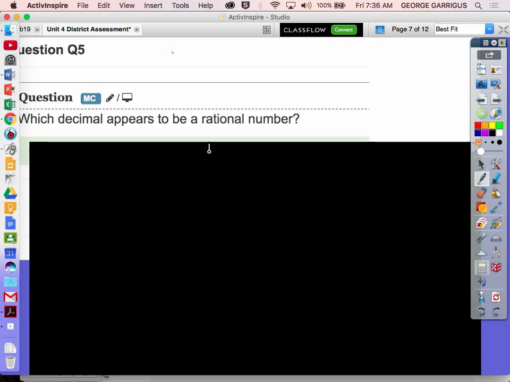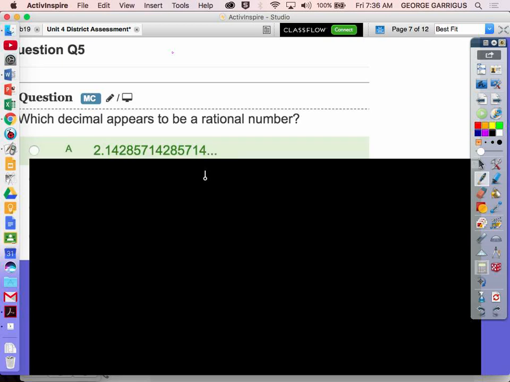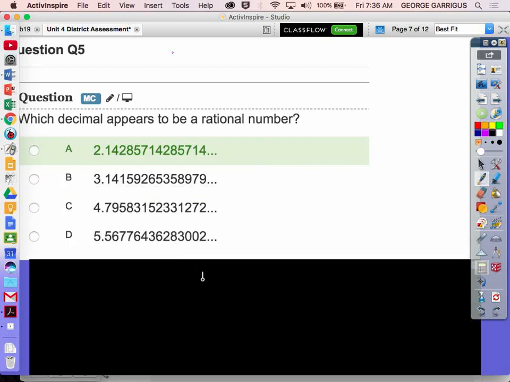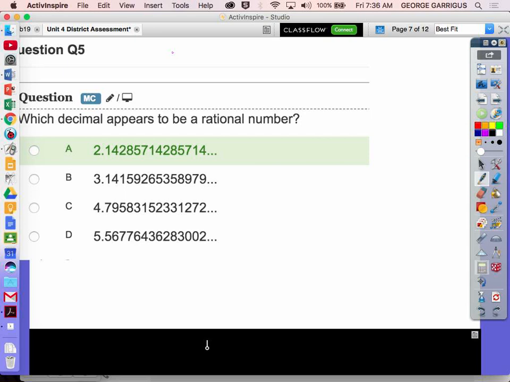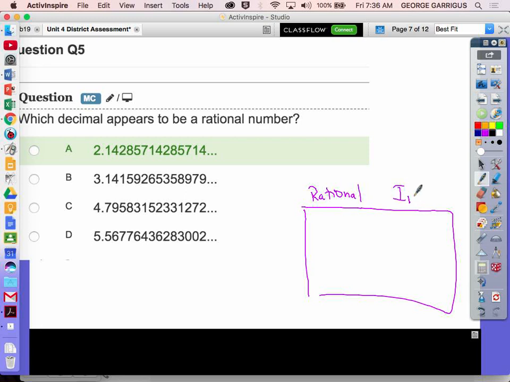Question 5. Which decimal appears to be a rational number? Okay, so on this, I would refer back to the handout that was given. There was a handout that had rational and irrational numbers.